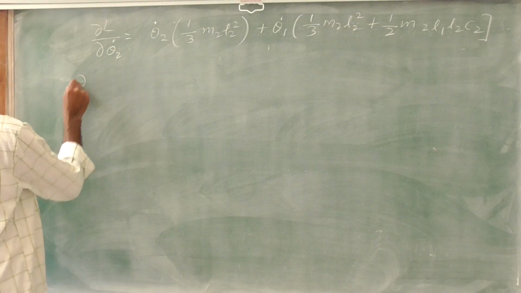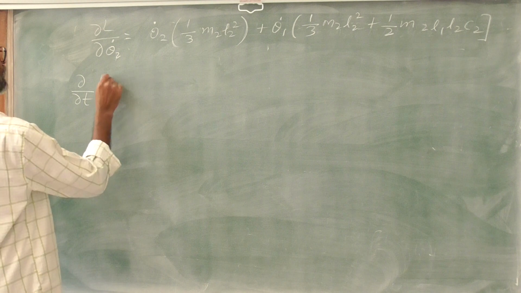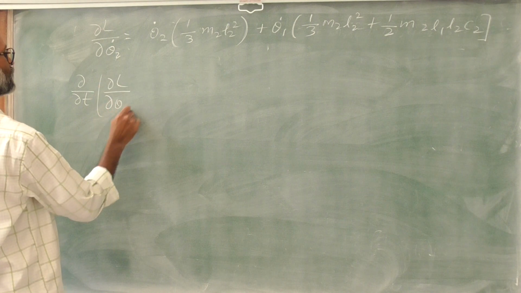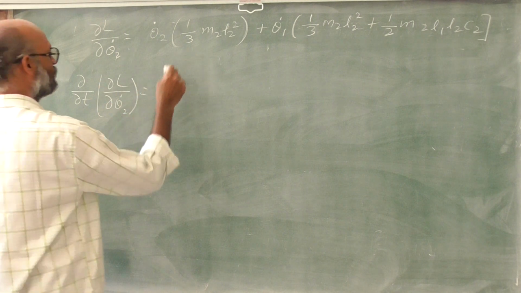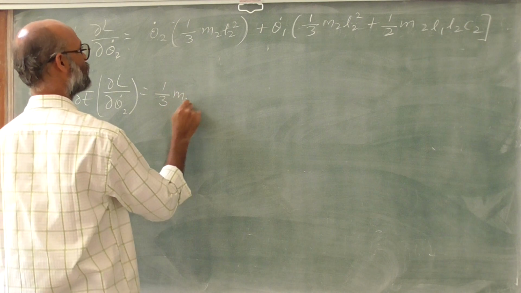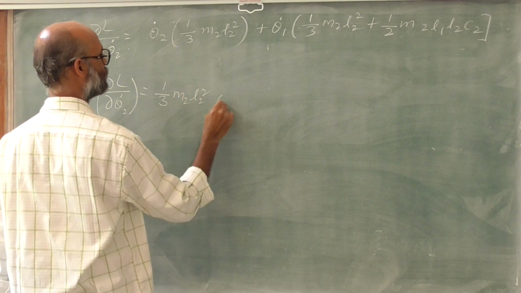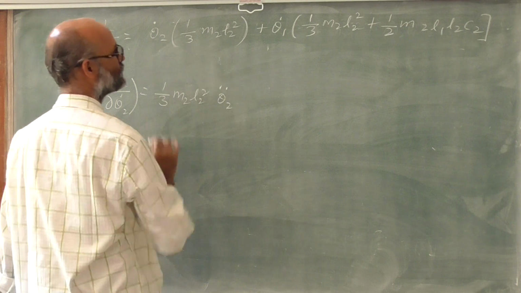So next we have del by del T of del L by del theta 2 dot. So straight away you have 1 by 3 m2 L2 square theta 2 double dot terms. This is this one.